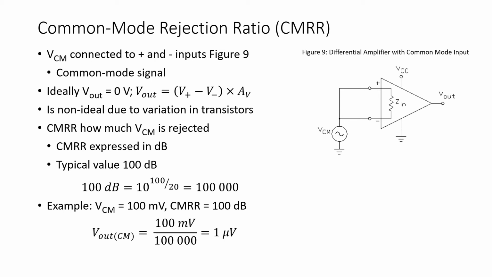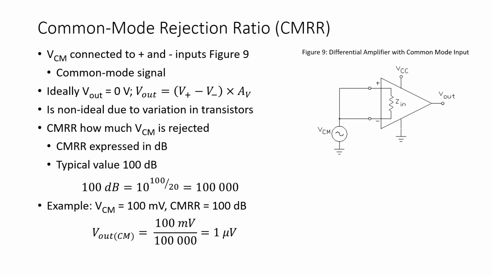Ideally, the output would be 0 volts, because mathematically V out equals V plus minus V minus, the voltage at the non-inverting input minus the voltage at the inverting input, times some value of voltage gain.